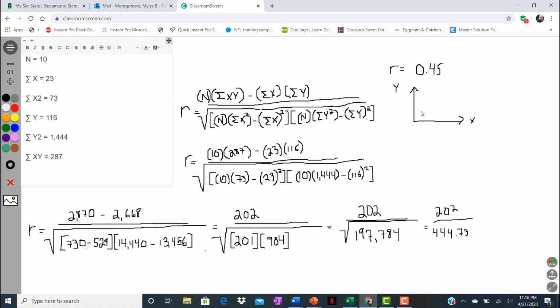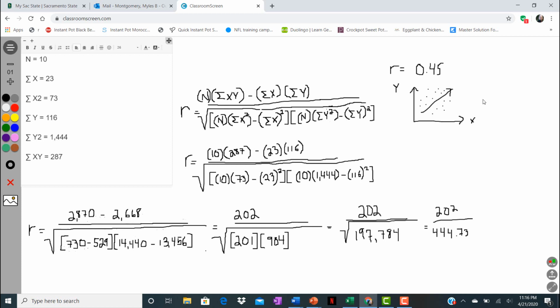We know it's going to be going this direction. But we also know that 0.45 is not very close to 1, so it's not as straight a line. It's probably going to look something like this. It's going to be kind of thick. It's not going to be a straight line by any means. It's not going to be a complete explosion of dots, but it's going to be kind of loose. That's what it's going to look like.